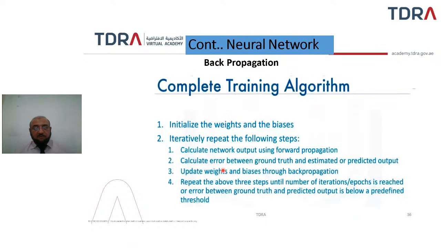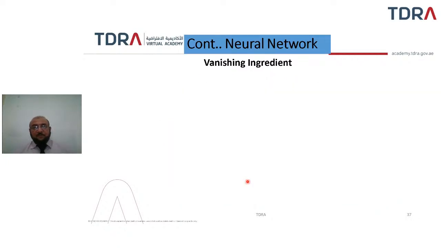For complete training of the algorithm, initialize the weights and the biases, then repeat the following steps. Calculate the network output using forward propagation, calculate the error between the ground truth and the estimated or predicted output, then update the weights and biases through backpropagation, then repeat these three steps. Because for training algorithms to tune the values, there are iterations.